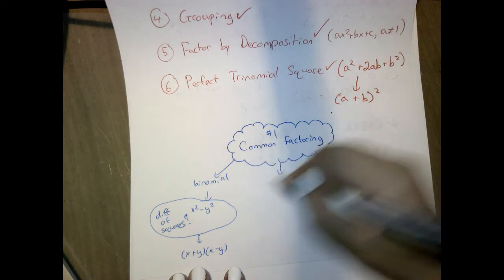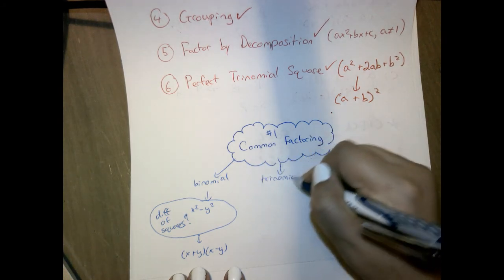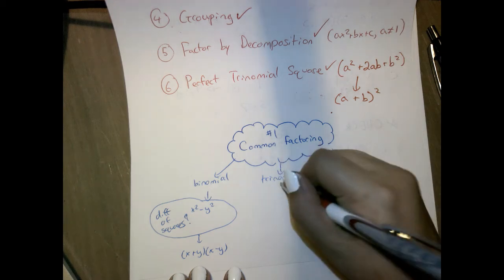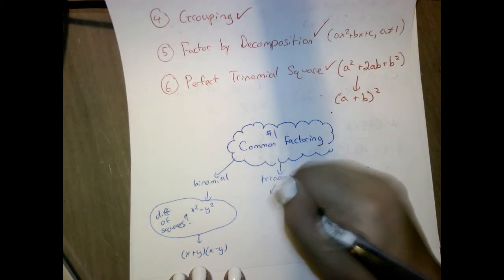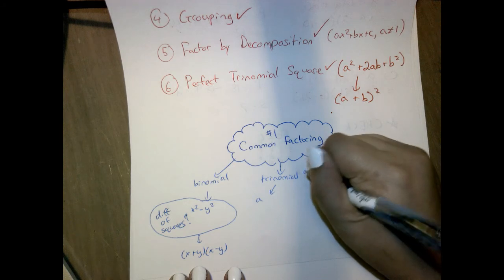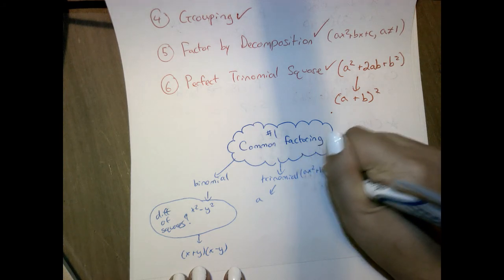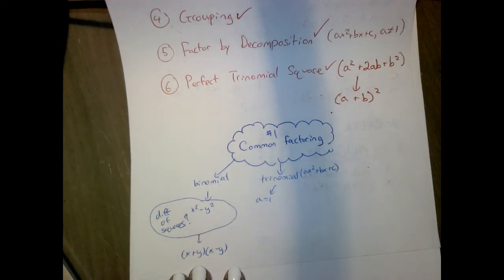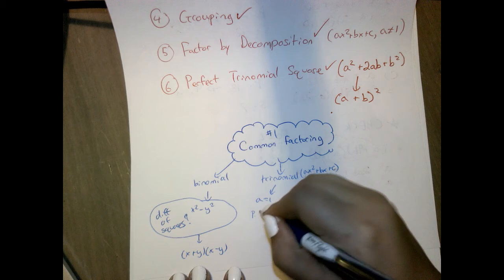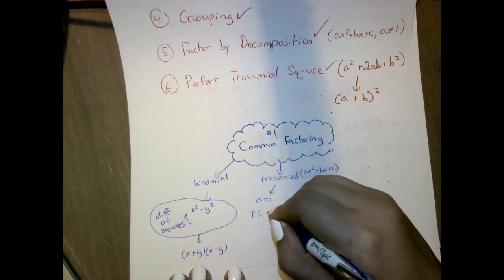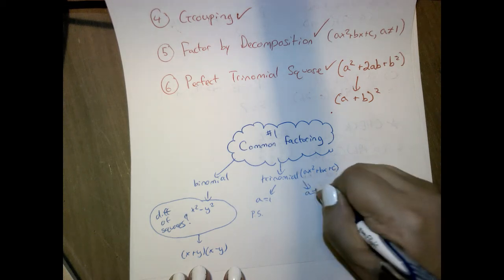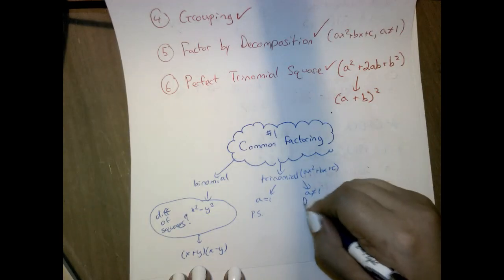If it's a trinomial, then check to see if it's a simple trinomial or a complex one, right? If it's a simple trinomial, x squared plus bx plus c, that means a equals 1. You can do the product sum method, right? And if it's a complex trinomial, if a is not equal to 1, you can use decomposition.